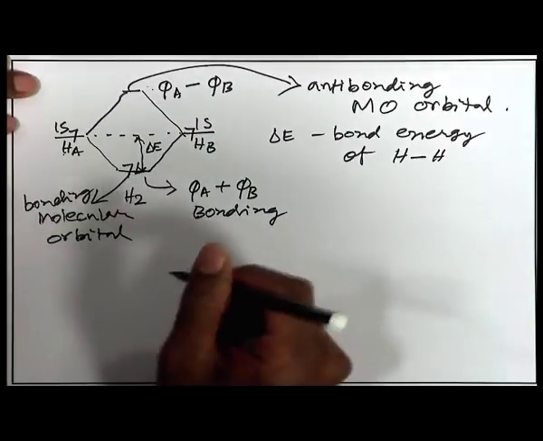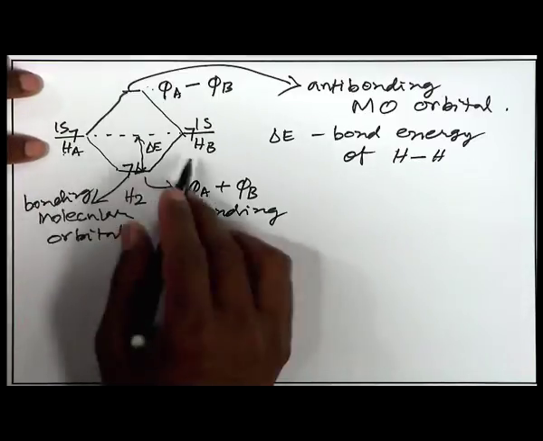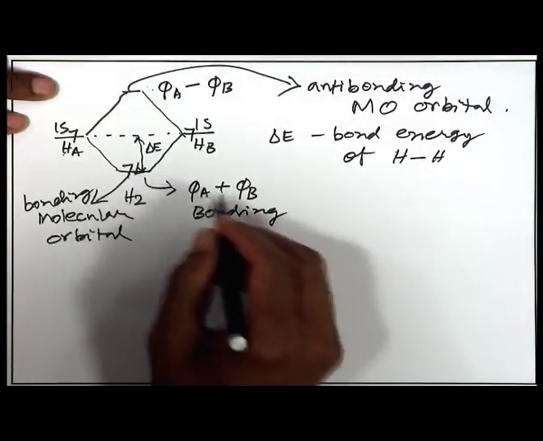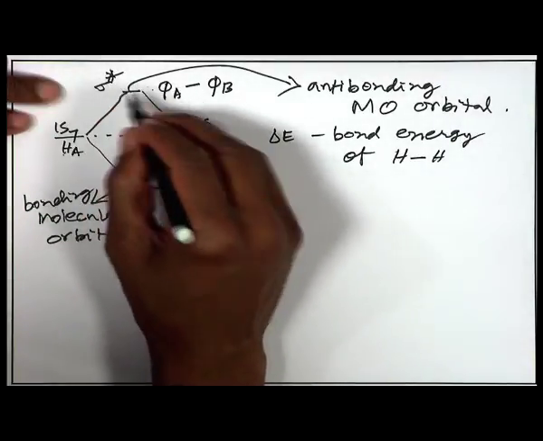Okay, now what we have done is the combination of atomic orbitals. What are those atomic orbitals? Those atomic orbitals are from different atoms, not from the same atom. In valence bond theory, atomic orbitals that are present in the same atom are combined, but in molecular orbital theory, atomic orbitals are combined from different atoms, that is the difference. And then you have molecular orbital energy levels. This orbital is called a sigma orbital, this orbital is called a sigma star orbital to represent antibonding.